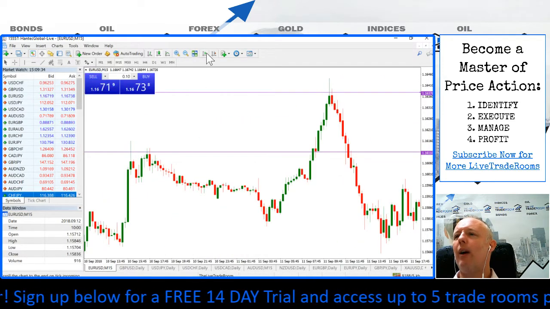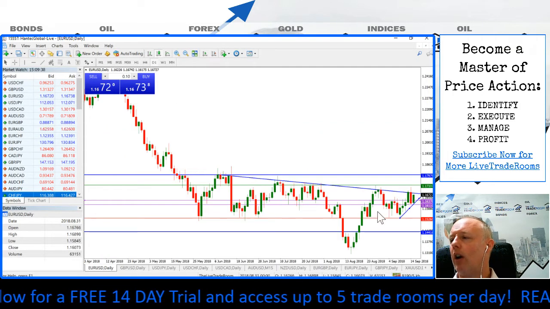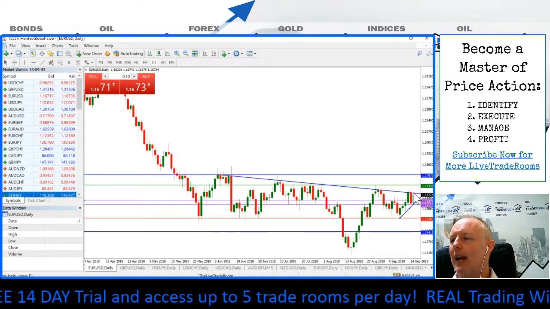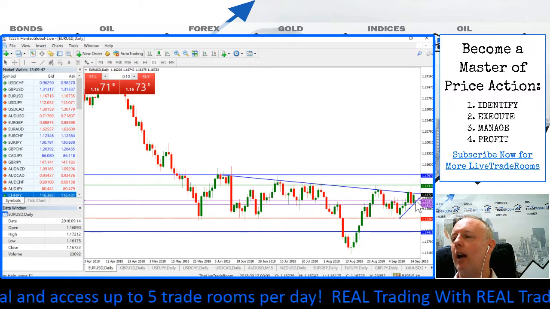So we're now at a level which is interesting for us to look at on a daily time frame, and it'll be interesting to see how this market behaves around these ever so marginally higher levels.